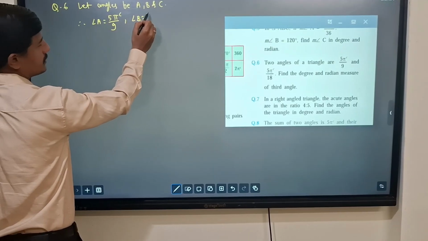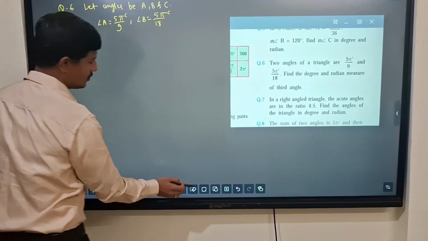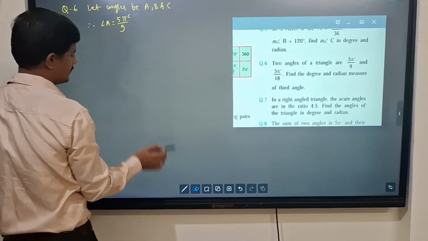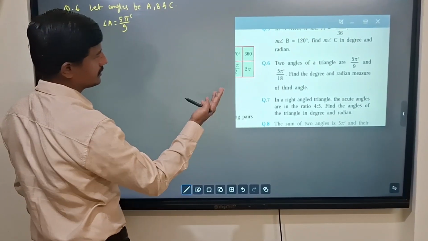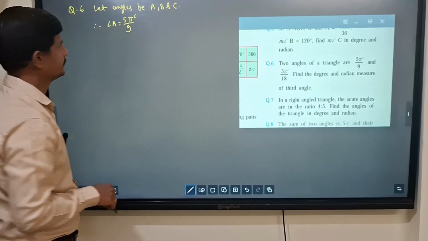Angle B is equal to 5 pi by 18. We will use these angles in degrees, or you can use radians. Simply, the addition of the three angles is 180. In radians you have to put pi.